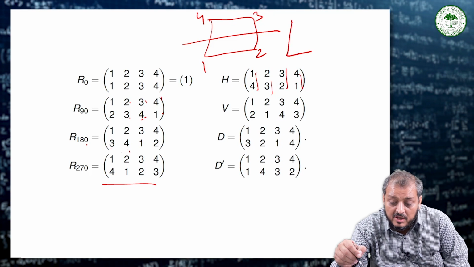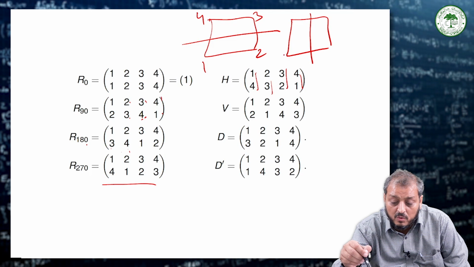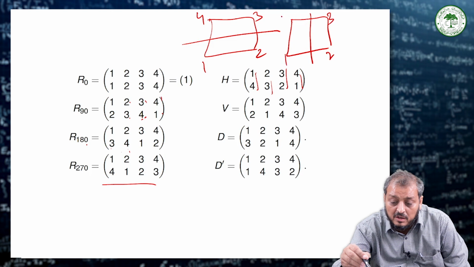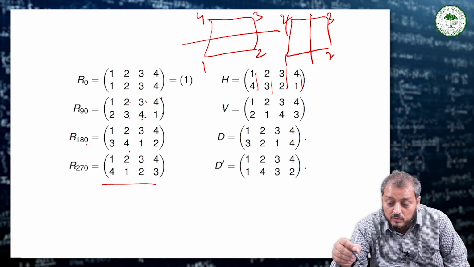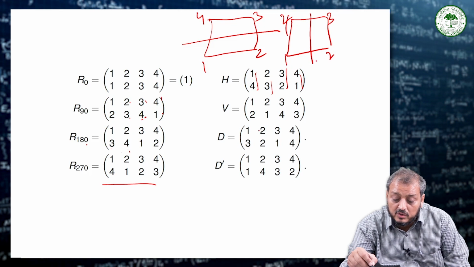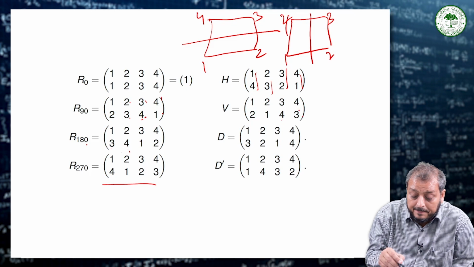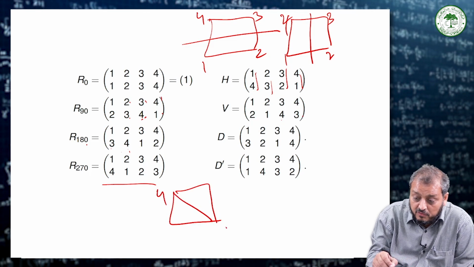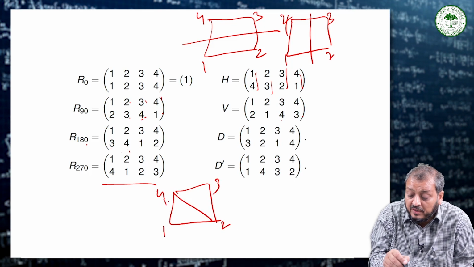And similarly for the vertical reflection, we have 4 and 3 and 1 and 2. Then by this diagonal we have 4 2 1 3, where 4 and 2 are fixed.